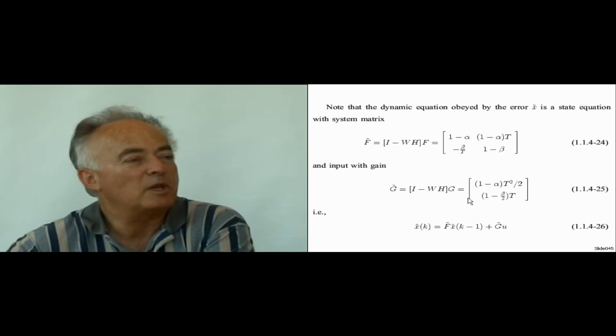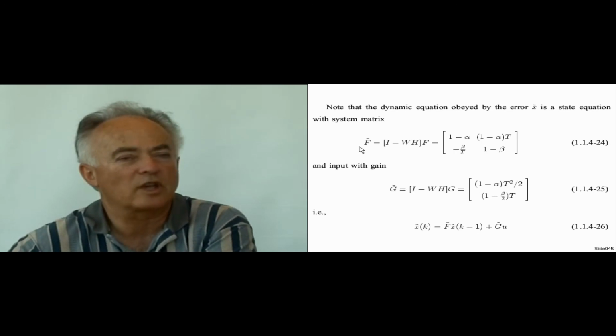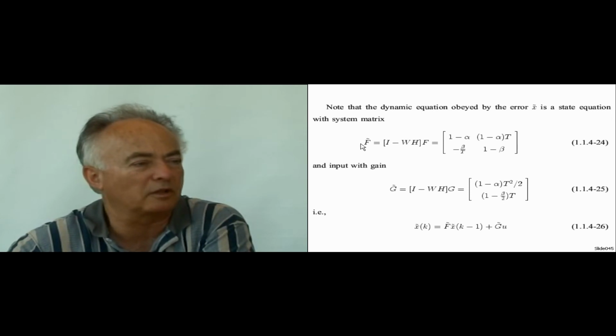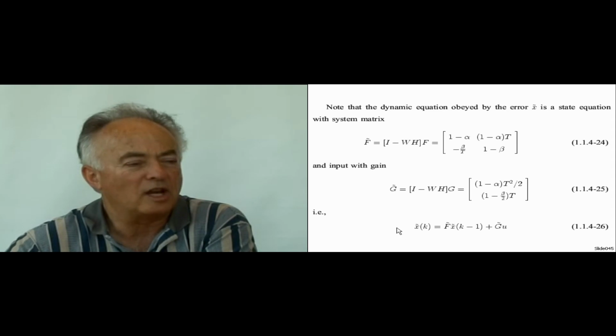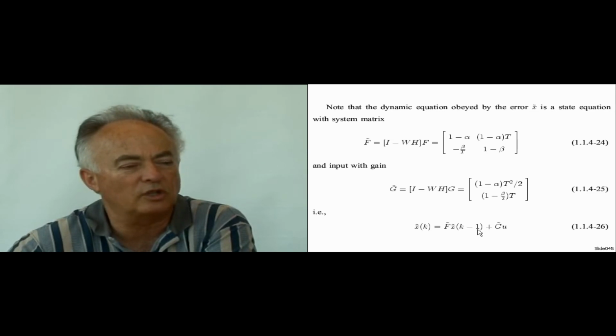Now, the dynamic equation obeyed by the error x tilde is a state equation with system matrix. We subtract the two equations, one is the dynamic, one is the filter, and we end up with a linear equation. X tilde is F tilde x tilde at the previous time plus G tilde u.